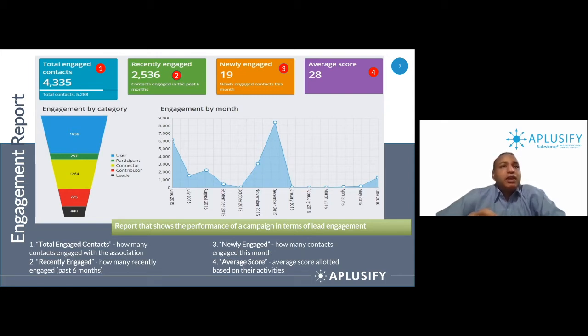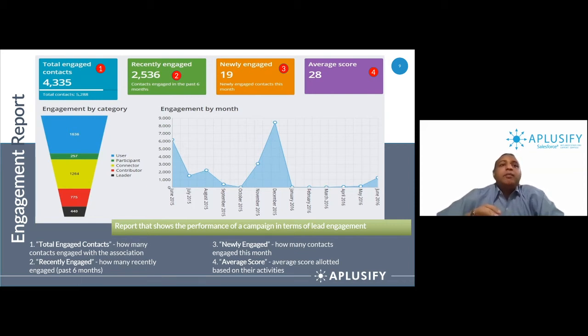So what does that mean? It means that out of 5,288 contacts that you have in your association, there are 4,335 contacts who are engaged, who are doing some kind of activity in your system, who are either users, participants, contributors, or leaders, right?